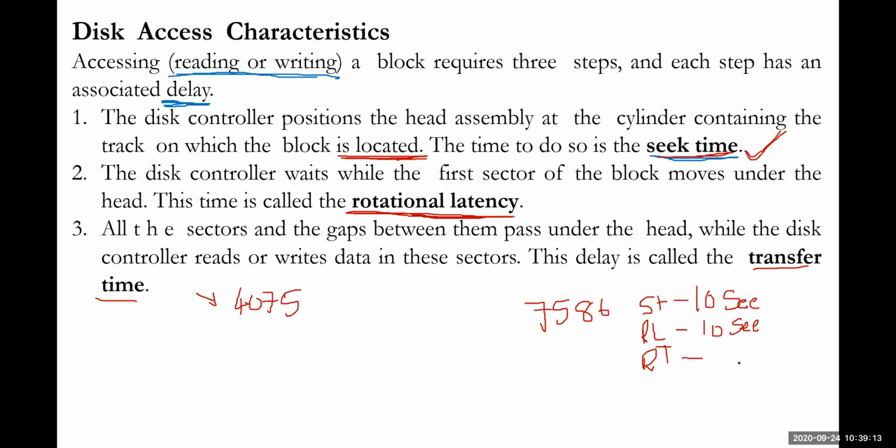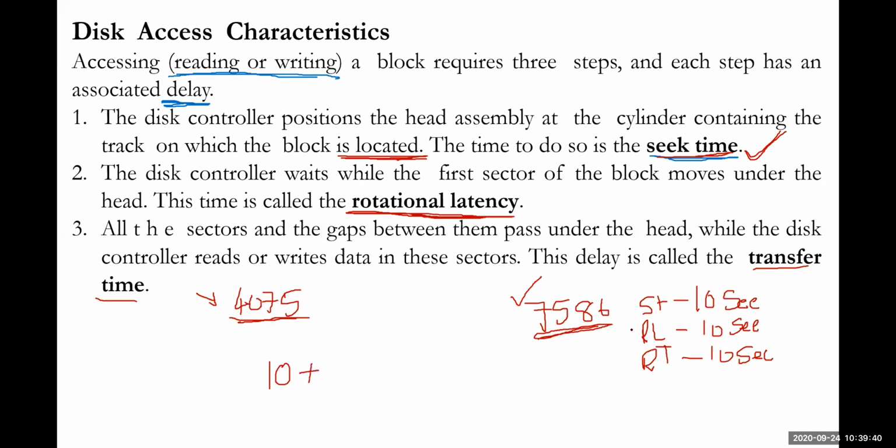So your head is residing at this location, and the data which is being executed will be available at this particular location. After identifying this address, the seek time will be 10 seconds. Identification of the block takes 10 seconds plus.